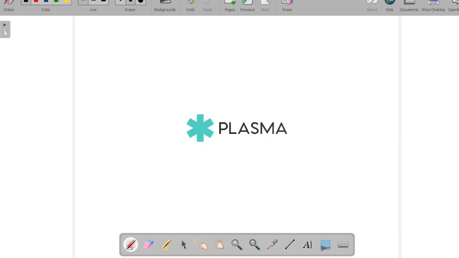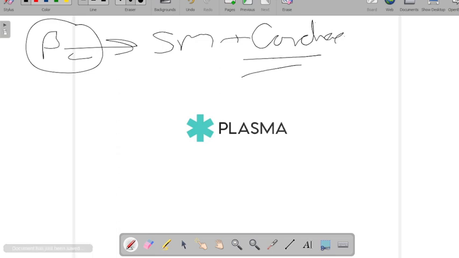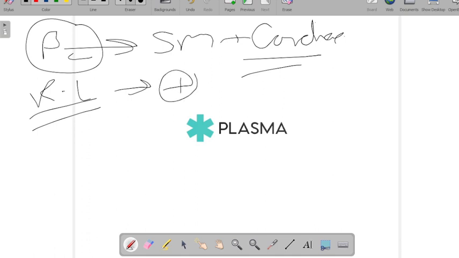Next is the beta 2 receptor. So it's present in postsynaptic effector cells, smooth muscle plus cardiac. Its result of ligand binding, stimulation of adenyl cyclase, okay, increased cAMP.